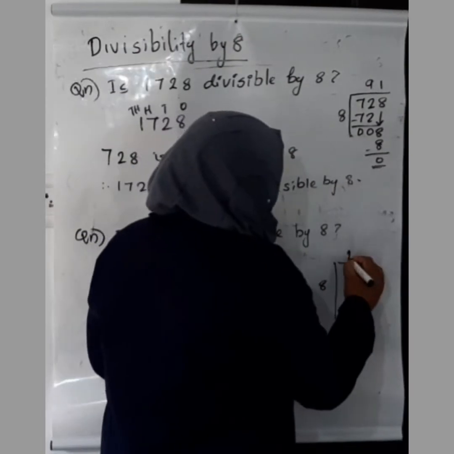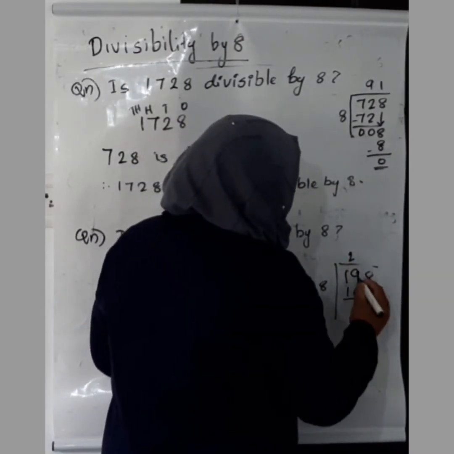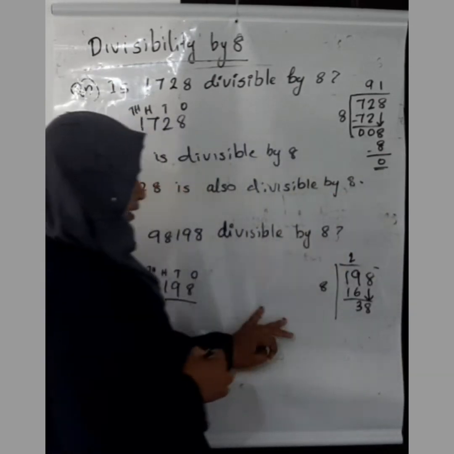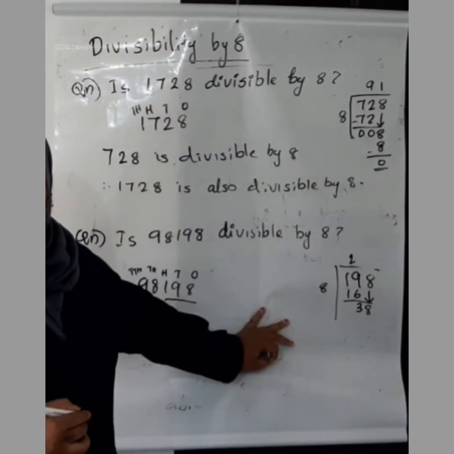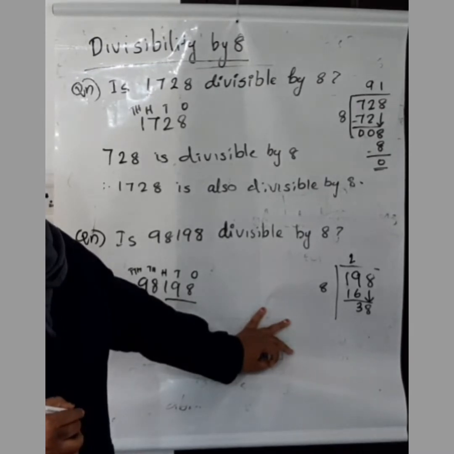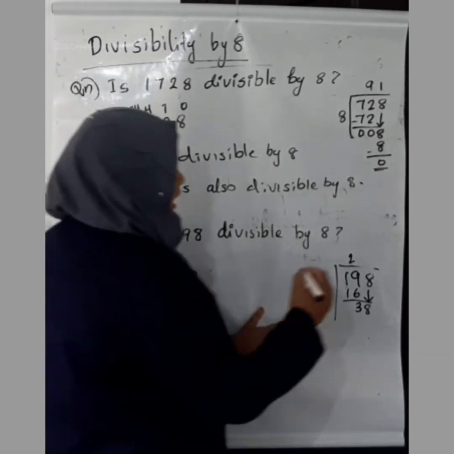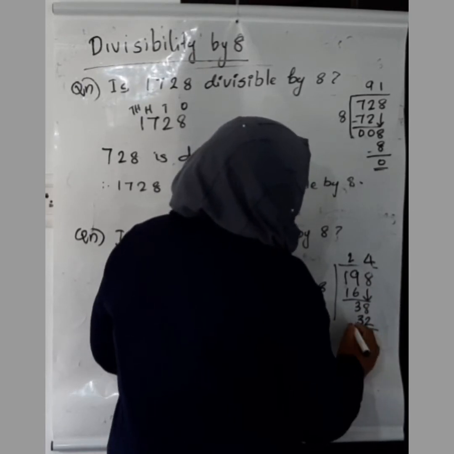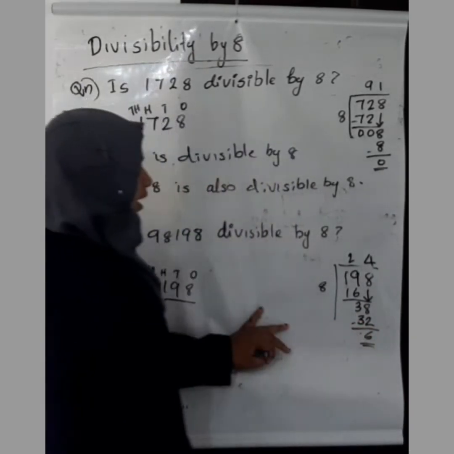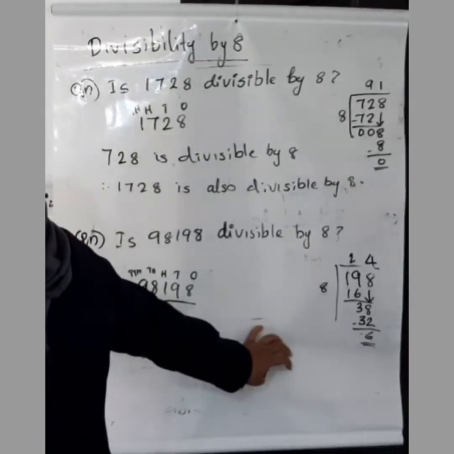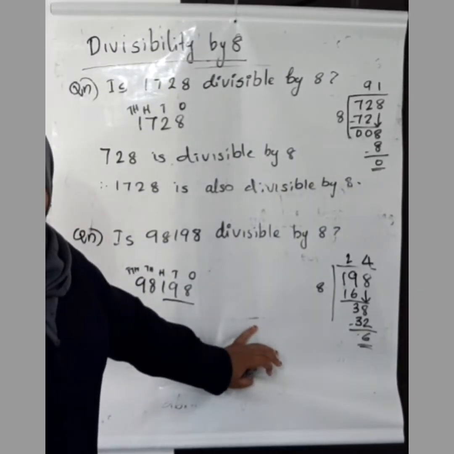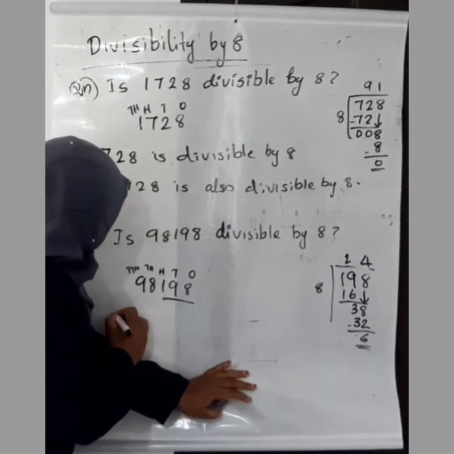Then 2 into 8, 16. 19 minus 16, 3. Then bringing down 8. So we got 38. How many 8s are there in 38? Only 4. 4 into 8, 32. Then the remaining 6. So here the remainder is 6. As the remainder is 6, how will we write?